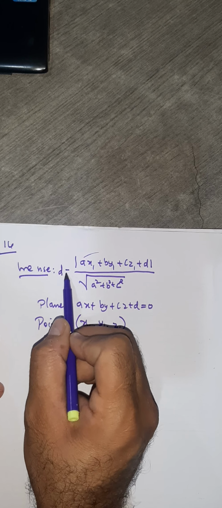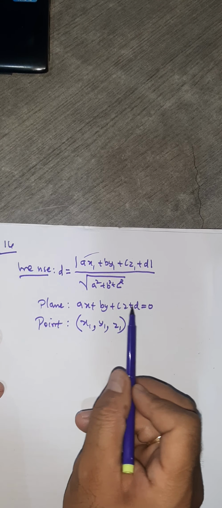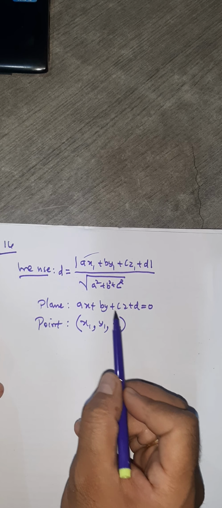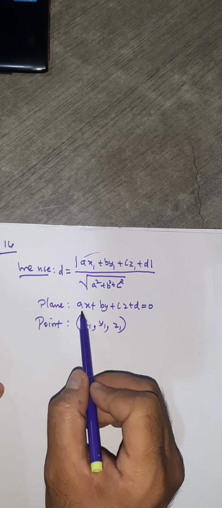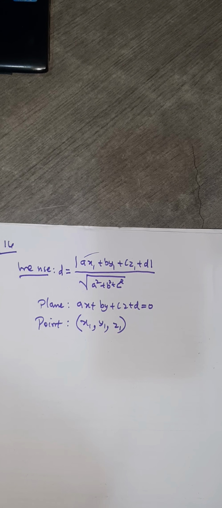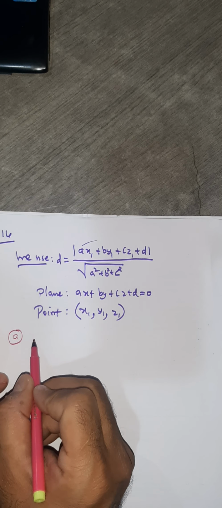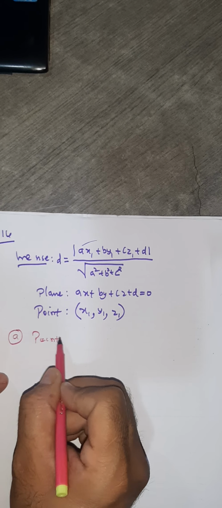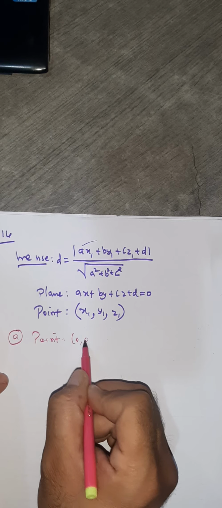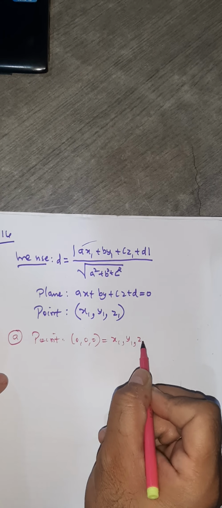So this gives us the distance. You can write small d, for example. Replace x, y, z by x1, y1, z1, and upon the length of the normal, that's the coefficients of x, y, and z. See the first question here. The point here is 0, 0, 0, that's the origin, which is x1, y1, z1.